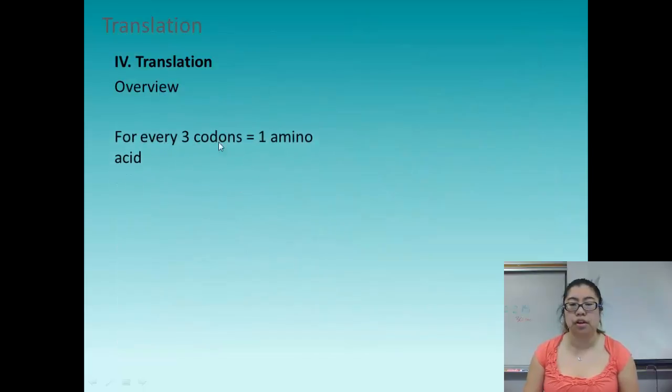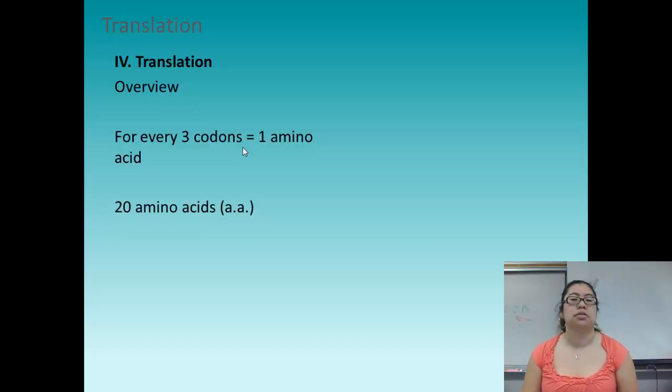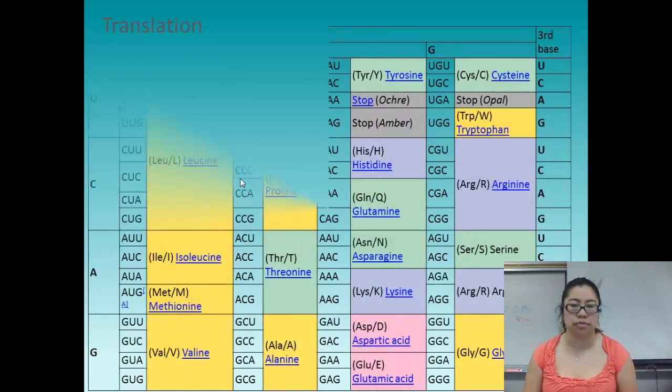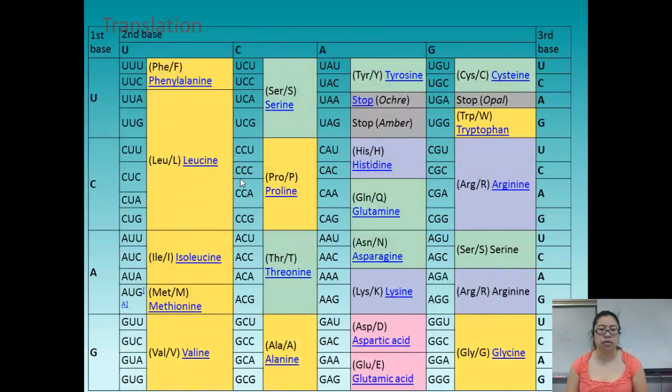For every 3 nucleotides, or codon, on the mRNA sequence, it equals 1 amino acid. In total in life, there are 20 amino acids, essential amino acids that our body needs. Here is a codon chart where the first base is on the left-hand side and the second base is on top.